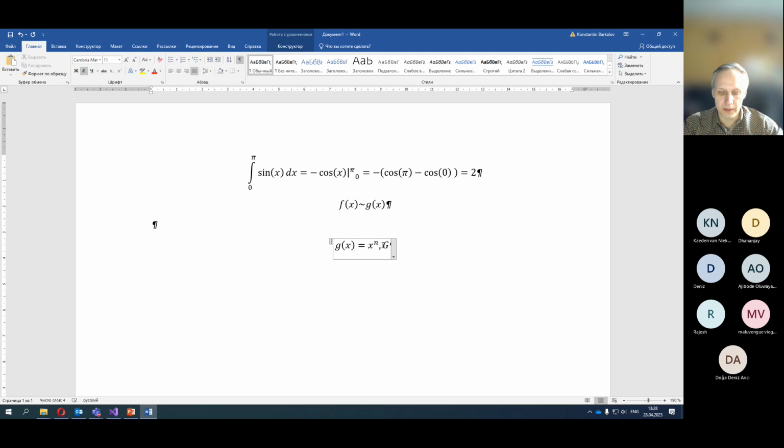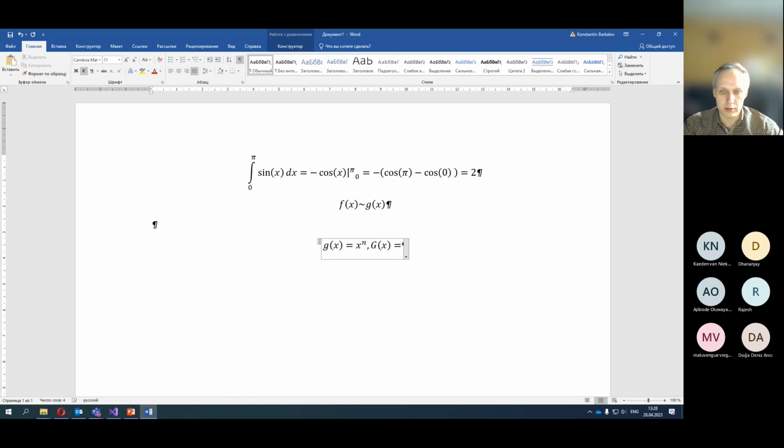In this case, G capital will equal x power n plus 1 over n plus 1. Very simple formula. After that, we can say that G prime of x equals g of x.